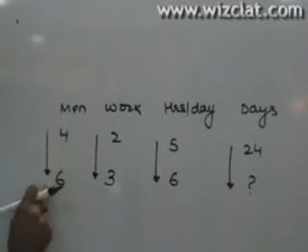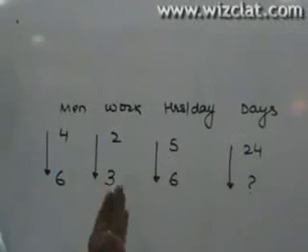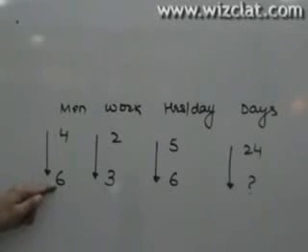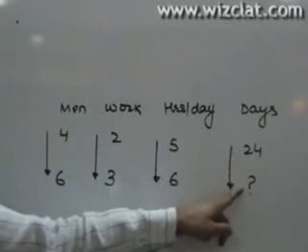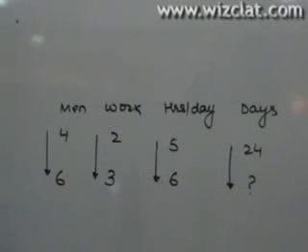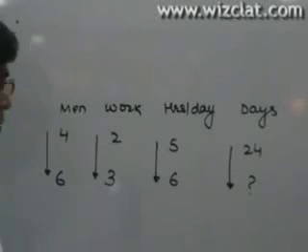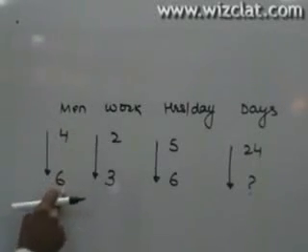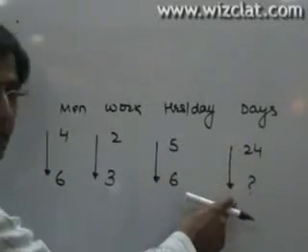When the number of men increases and everything remains the same, the days required to do a work will certainly decrease, because men are inversely proportional to days. More men require less days, less men require more days. So what will we do here? Since the number of men has increased, the number of days will decrease.